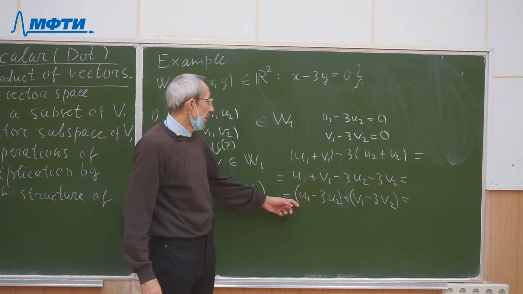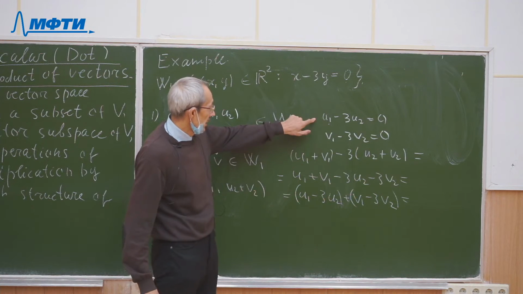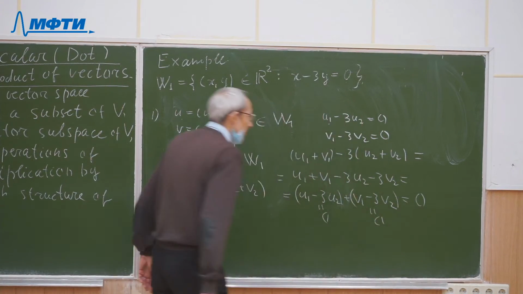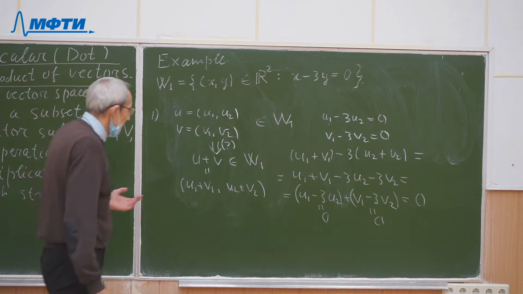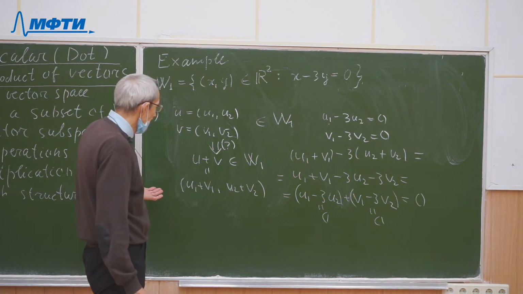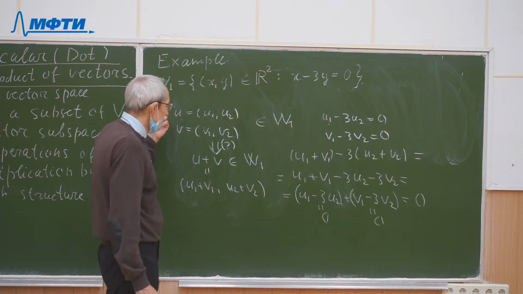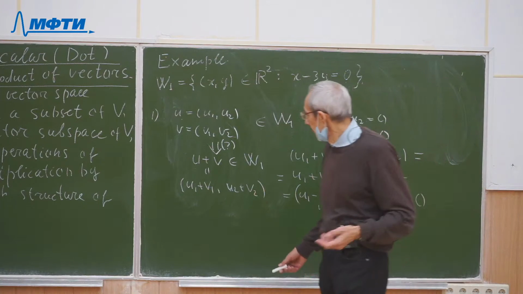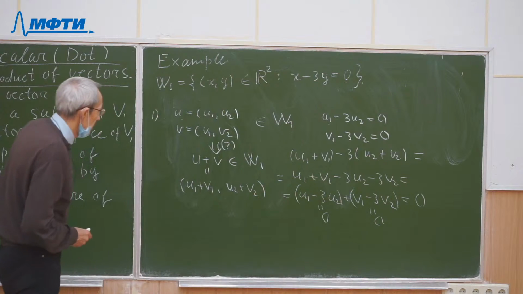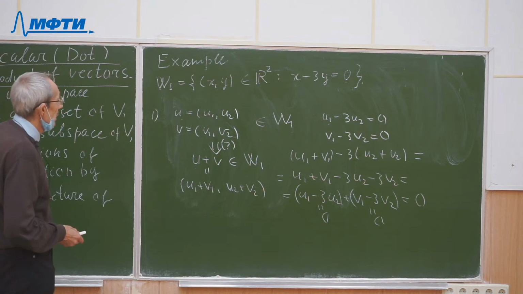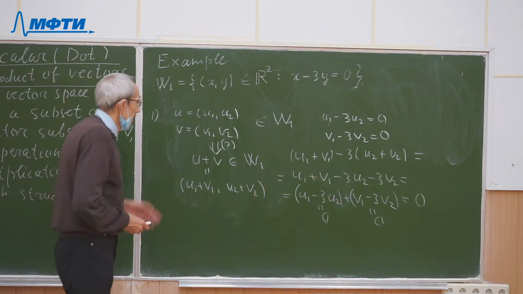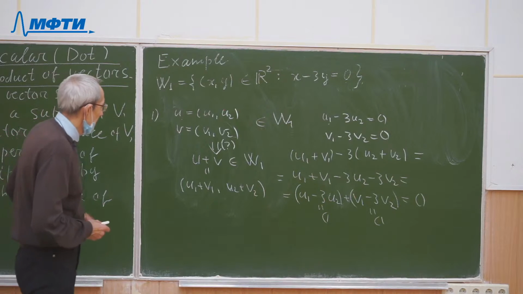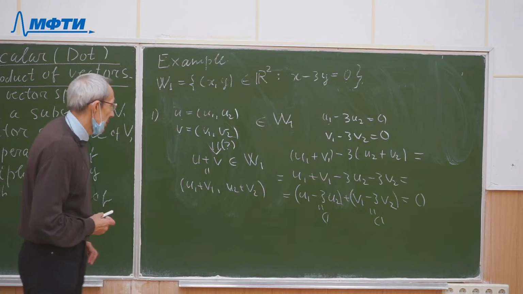And we can use this condition and obtain that this sum is equal to 0. And we see that this set is closed with respect to the operation of vector addition. And also we can check that this set is closed with respect to scalar multiplication.